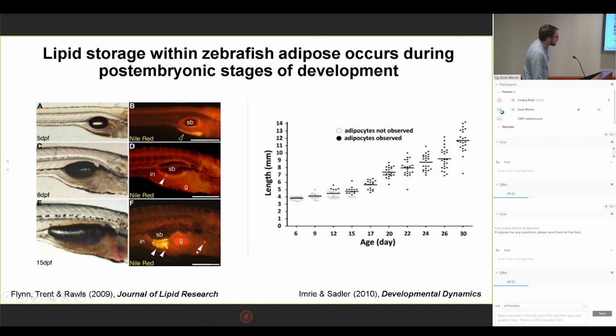Another study, from Kirsten Sadler's lab, showed that if you use DPF as a metric to study adipose tissue in zebrafish, there's huge variability. You can see that at 12 DPF, there's a huge variation in size of the fish for starters, but only a few of them have adipocytes. So there's huge variability.